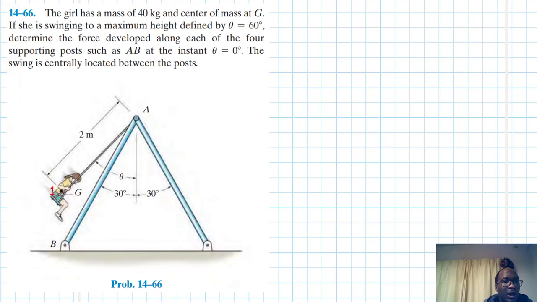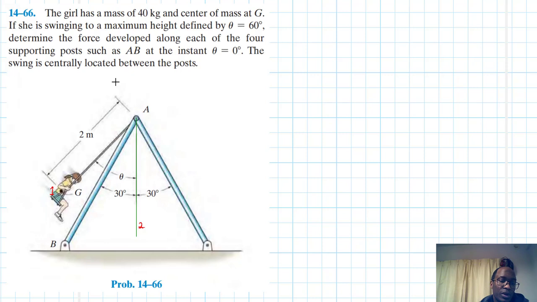And let's also pick another point, let's say through here. We say maybe point 2, somewhere there.